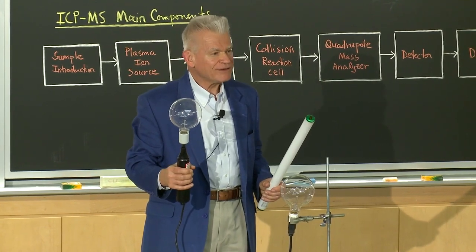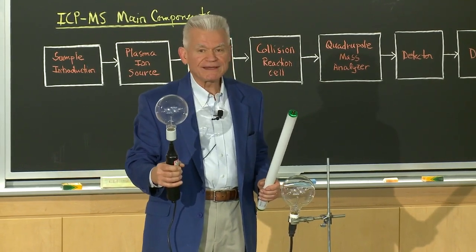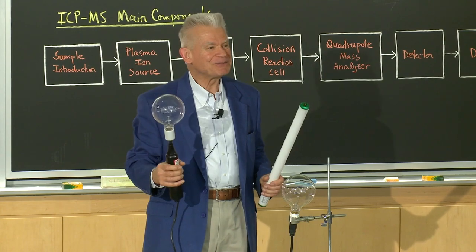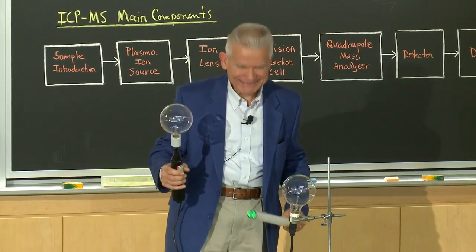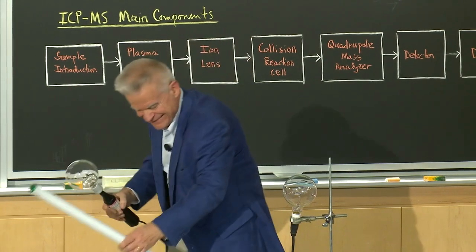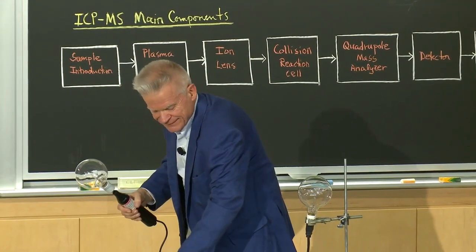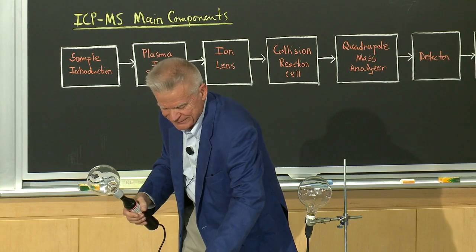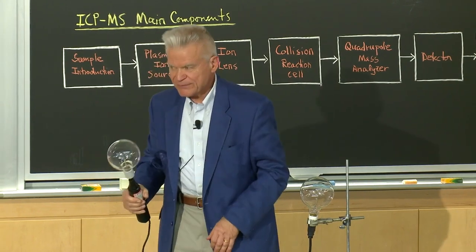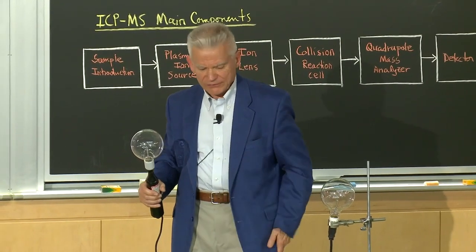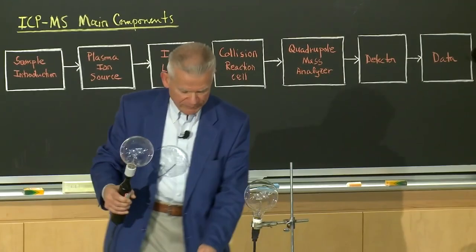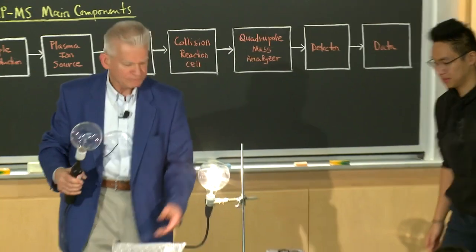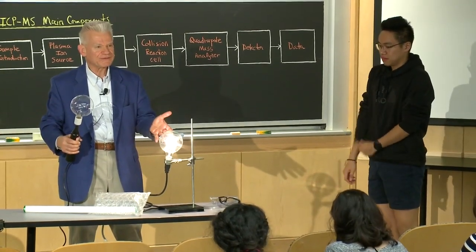And I need a volunteer, someone who wants to be a conductor between the two plasmas. Alec, come on down. All right. Alec, you can stand right in the front, kind of over here. So we're going to start by just shining 120 volts through this globe.